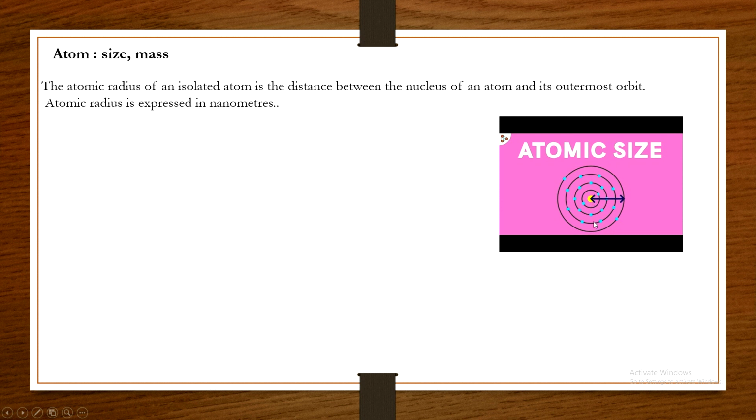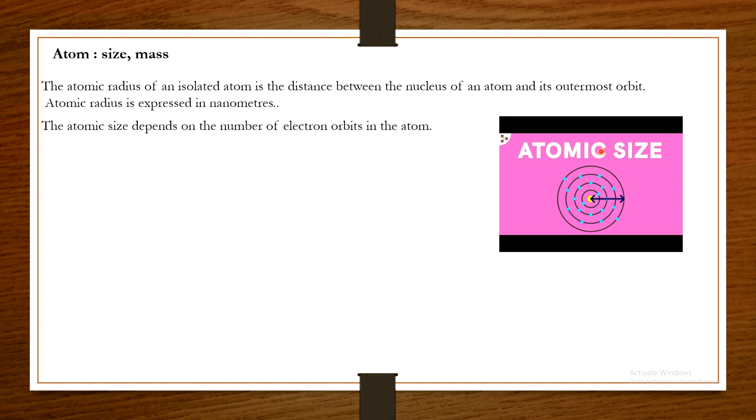Atomic size depends upon the atomic radius, that means the distance between the nucleus of an atom and its outermost orbit. So this distance is called the atomic radius, and it is expressed in the unit nanometers.